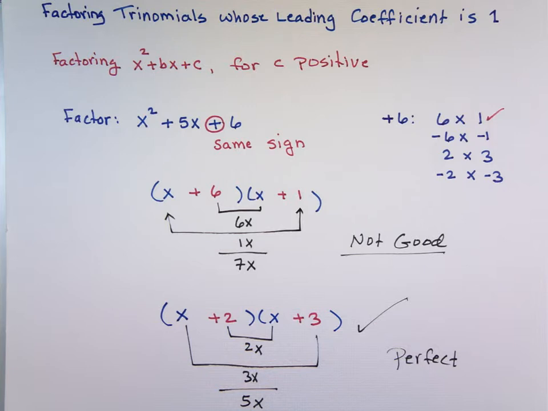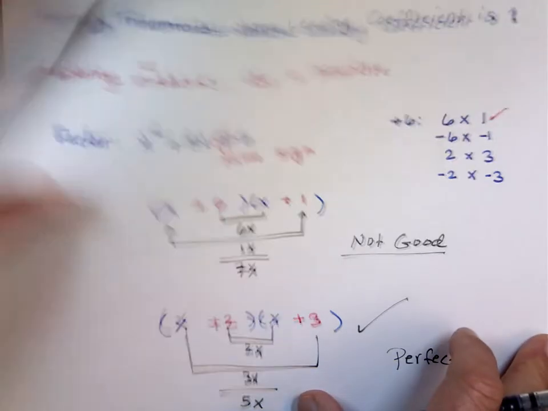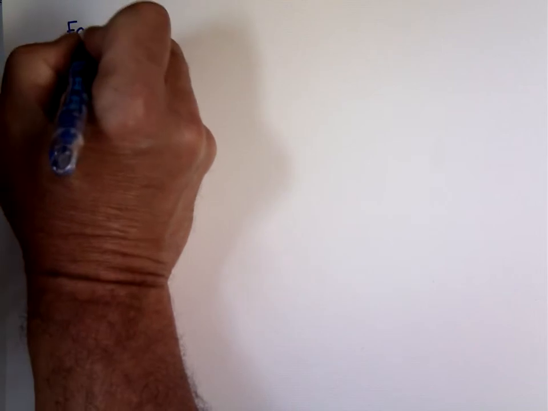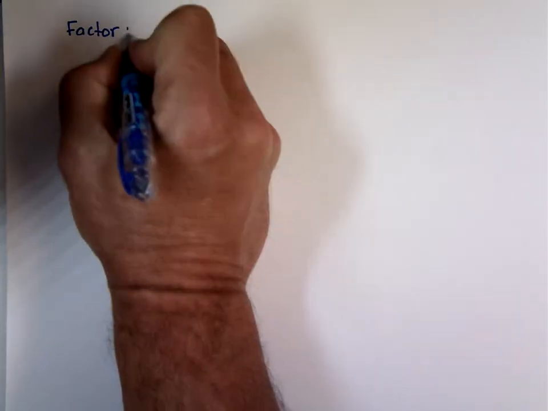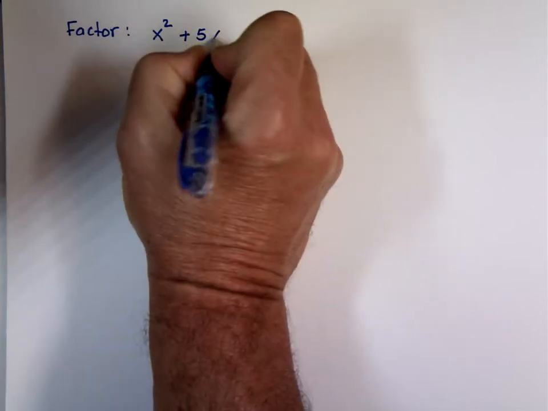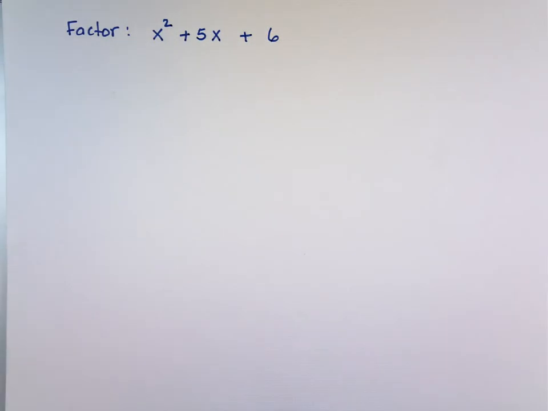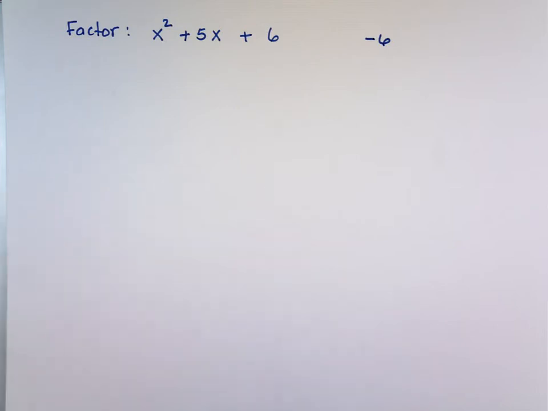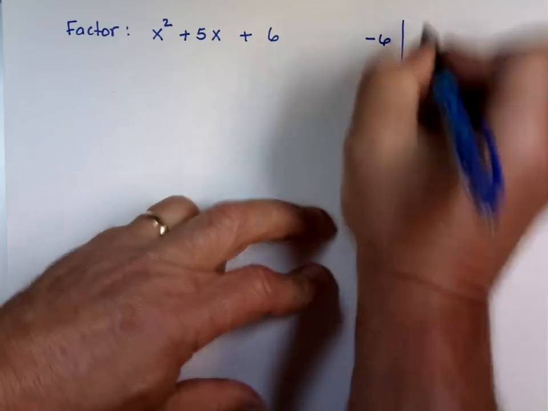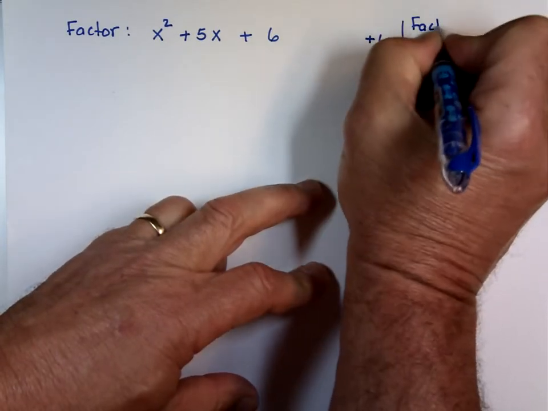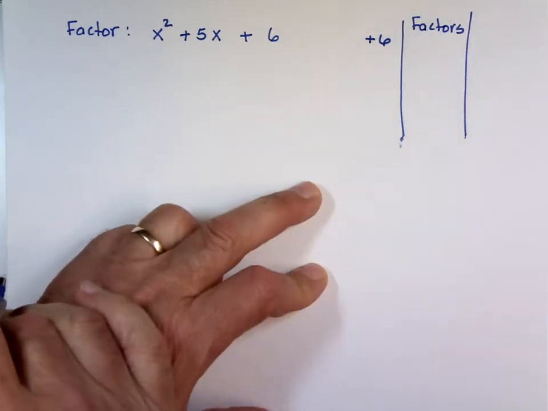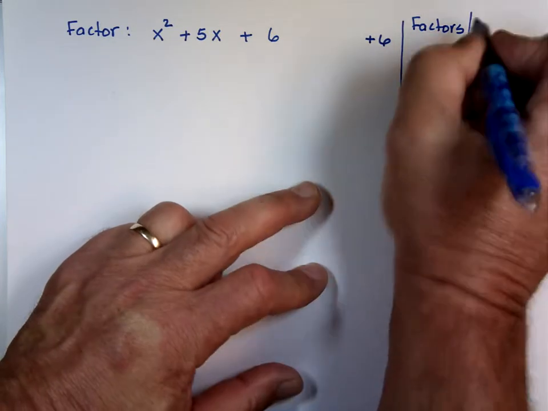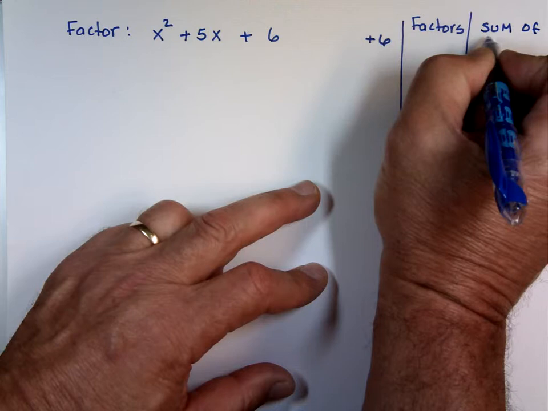Let's take the same example we just did. If I take the plus 6, let me list the factors of plus 6, and let me list the sum of the factors.